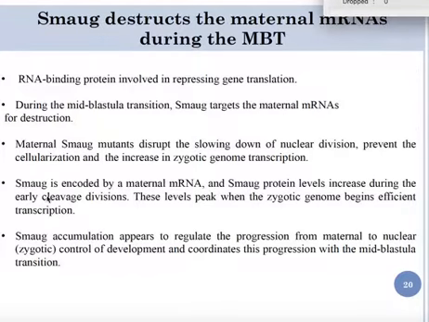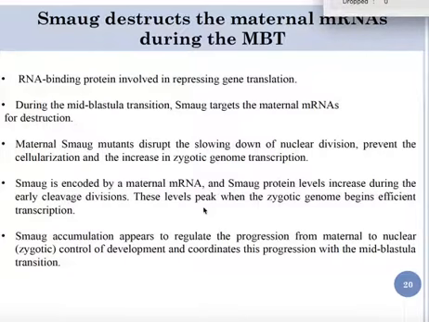So what is Smaug? Smaug is a protein translated from a Smaug maternal messenger RNA. So this gene is also a maternal gene. It's expressed in early stages of Drosophila embryogenesis, but the highest levels, so the peak of Smaug expression, is by the MBT stage.